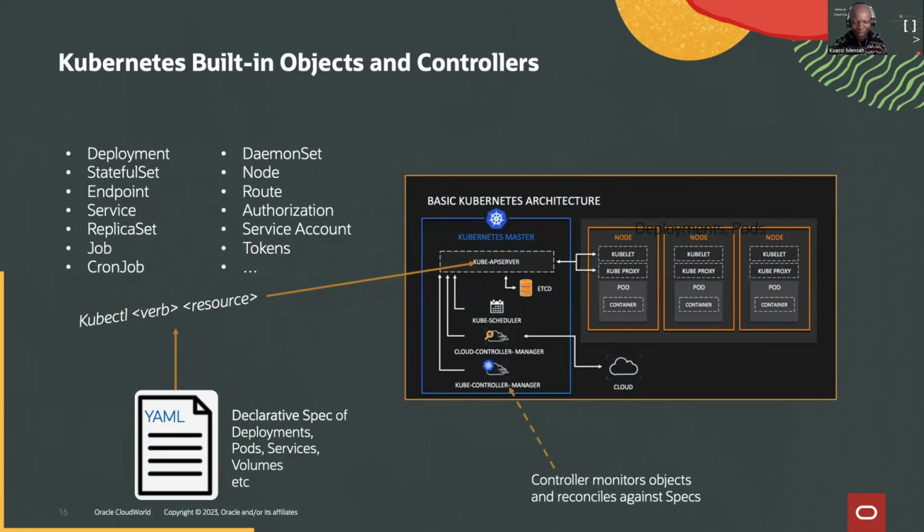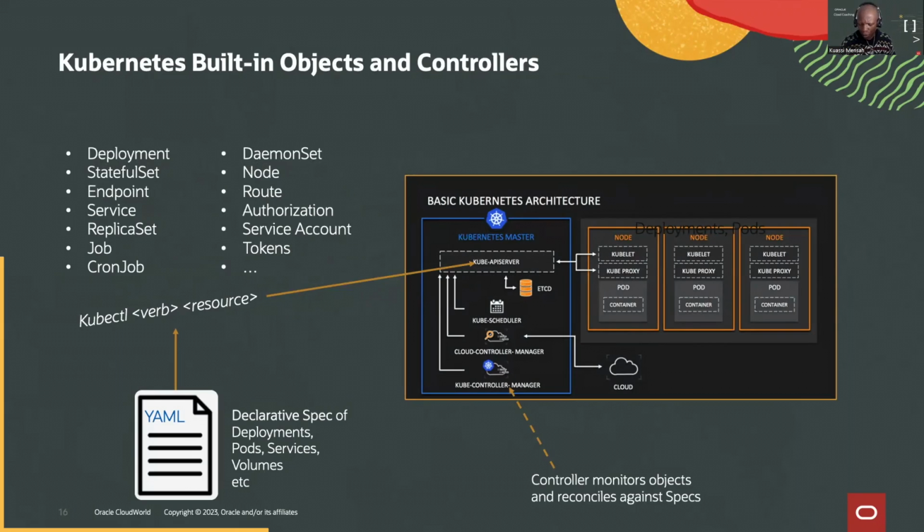In order to understand how we do that, let's look at a Kubernetes cluster. Natively, when you deploy a Kubernetes cluster, it comes with built-in objects and controllers. Those are listed on the slide. I'm not going to go into each of those, but those are the services and objects that are built into the Kubernetes cluster. Two things to notice here.